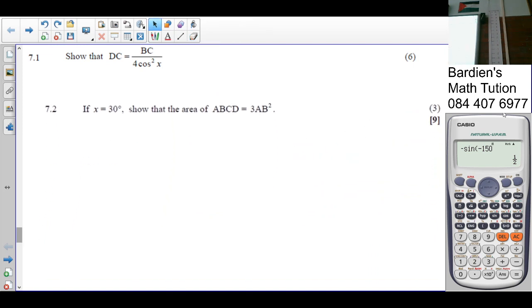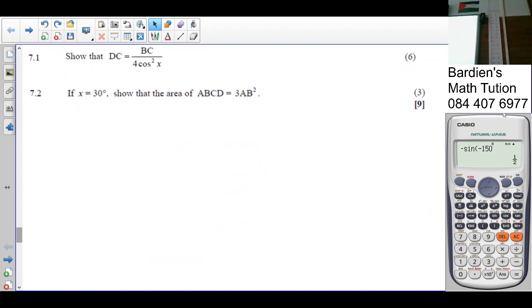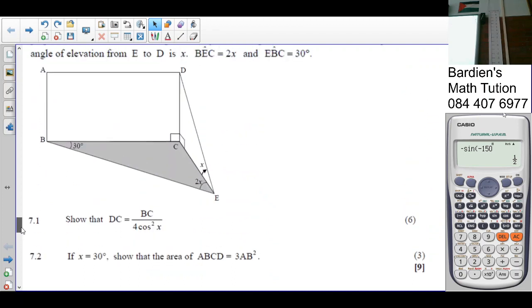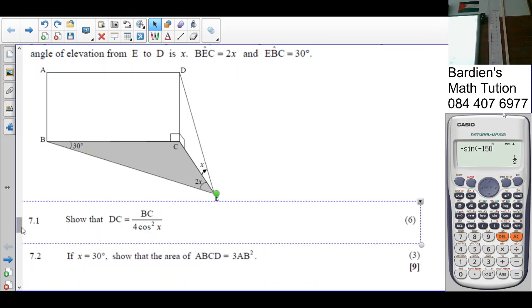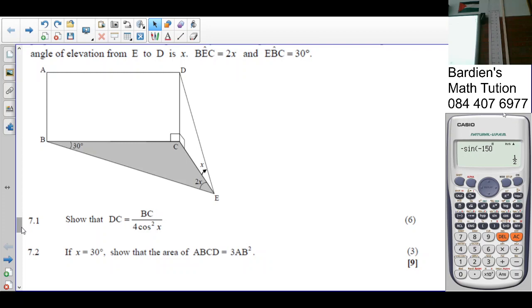So when it comes to a show that or prove that question, rather write a little more than what you normally do. But I think I just wrote over the top too much.